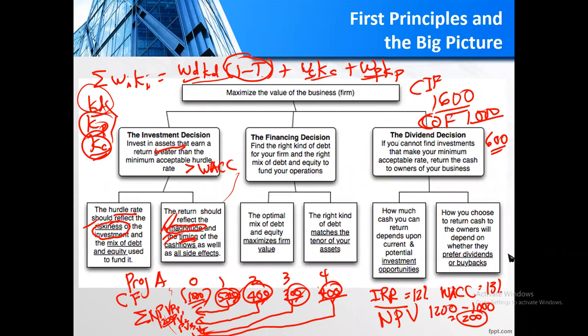Yes, the company should return the capital, but should it be in the form of dividends, or should the company buy back the shares of stock of the investors? So three very important decisions, all with the intent of maximizing the value of the business or the firm. So whether it's investment, financing, or dividend decision making.